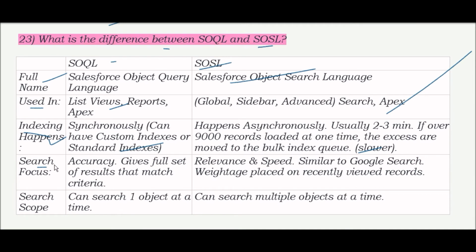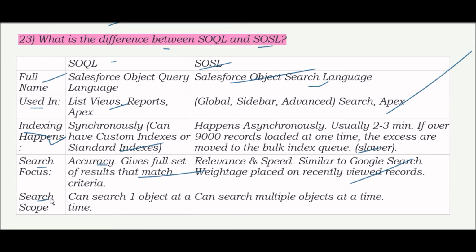Now, the next difference is on the basis of search focus. Salesforce Object Query Language is focused on accuracy. It gives the full set of results that match the criteria. On the other hand, Salesforce Object Search Language focuses on relevance and speed. It's similar to Google search, with weightage placed on recently viewed records. The next difference is on the basis of search scope.